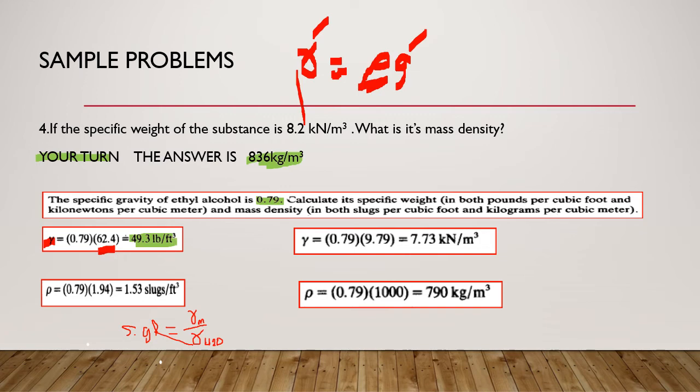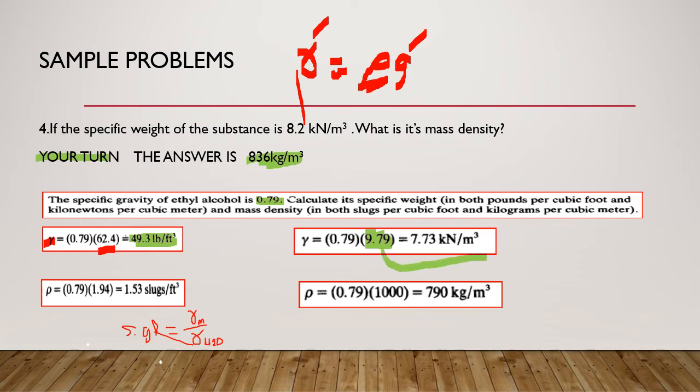O dito naman tayo sa metric. Ganun din, ano? 0.79. Ang ginamit pa dito sa lumang libro ay 9.79. Actually, ito ang ginagawa natin dito, 9.81. Kaya lang, ito ay galing sa book. So, yun yung sinunod nila convention, ano? Baka magtaka kayo kung saan ang gagaling itong 9.79 na to.